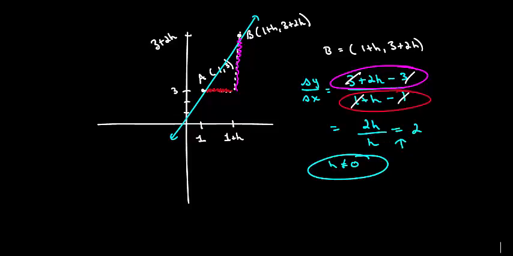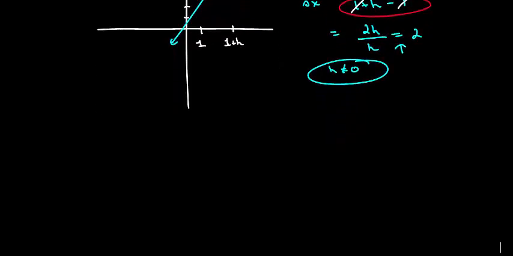Now, if h is anything else, then the slope of this line is 2. So let me go ahead and show you that that's also true. So let's say we had the point A at 1, 3, and then we have the point B. Now let's pick a value for h that's not 0. Like let's say 5.